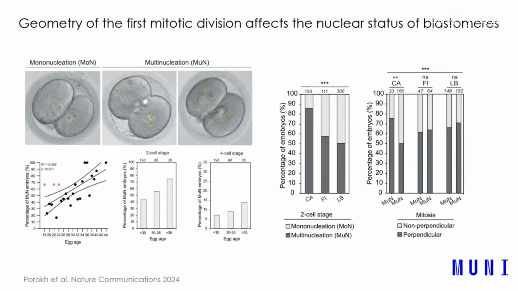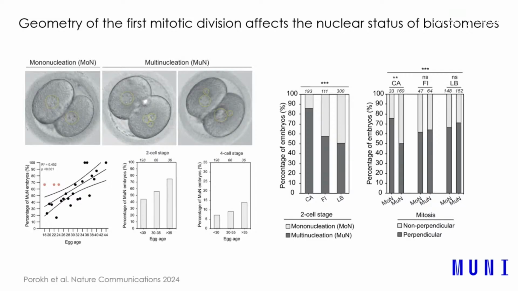Then, when we looked at the two-cell stage and the nuclear state of those blastomeres, usually you would see only one nucleus per cell. However, in some cases, around 50%, you would see that one or both of the blastomeres have multiple nuclei, which would hint that something went wrong during the cell division.